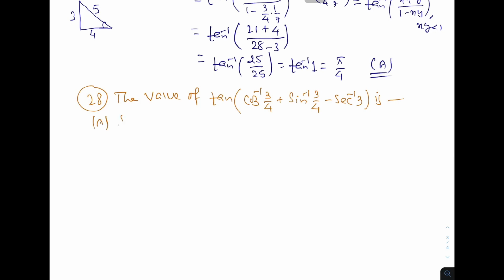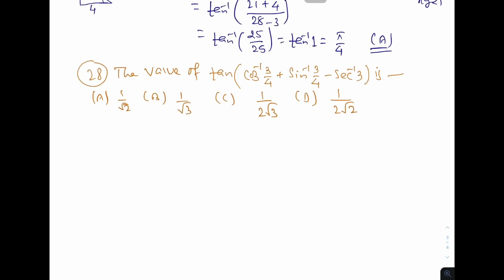Options are 1 by root 2, then 1 by root 3, 1 over 2 root 3, 1 over 2 root 2.